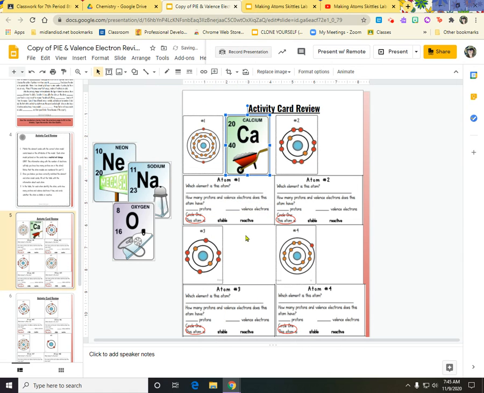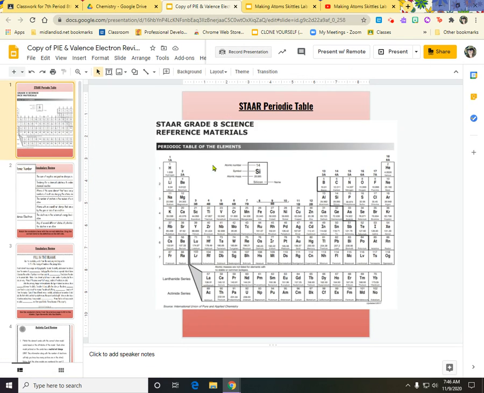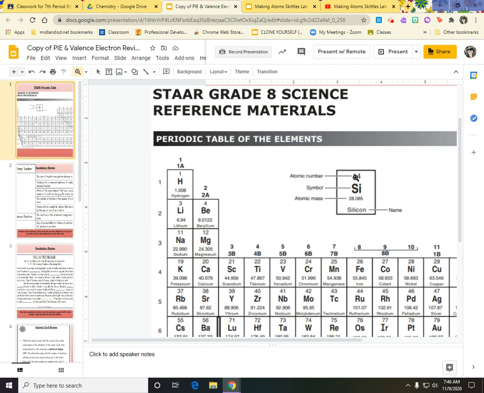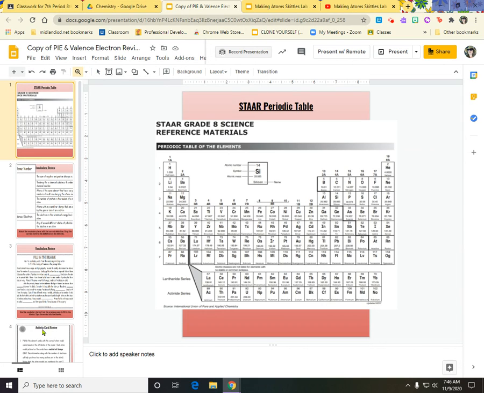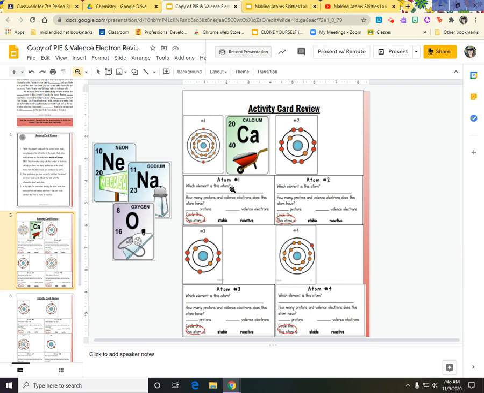So that's going to be calcium because that 20 is the number of electrons, which is equal to protons, which is equal to atomic number. And if you look back, atomic number is the top number on your periodic table. Okay, so I know what that is.